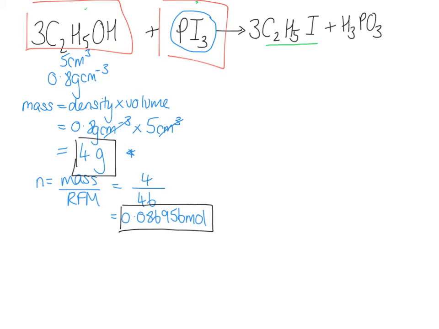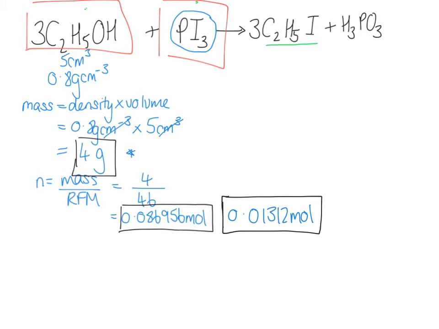And to do that, we need to work out our limiting reactant. So we know that we've used 0.086956 moles of ethanol, and from part 3, I think, we worked out that we have 0.01312 moles of phosphorus iodide that we have used.